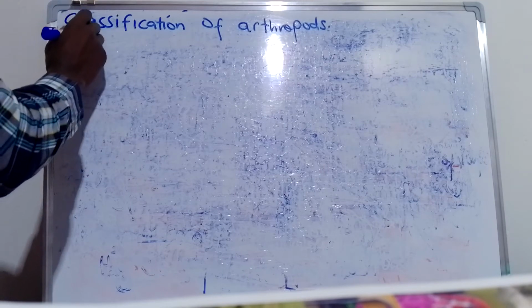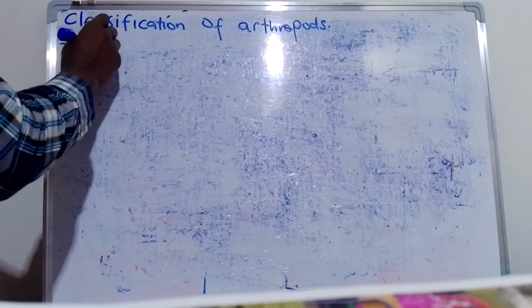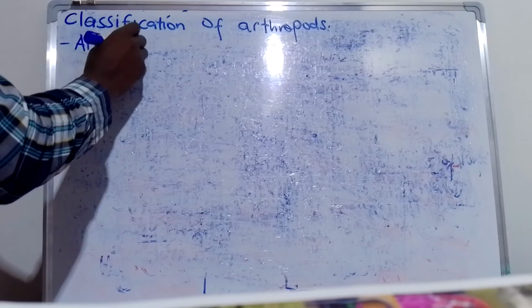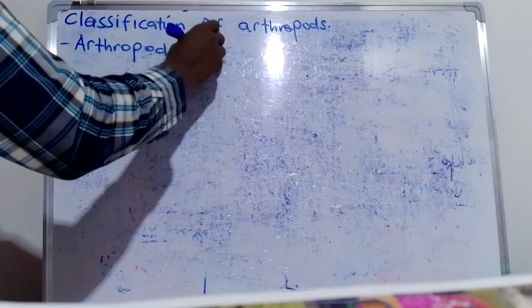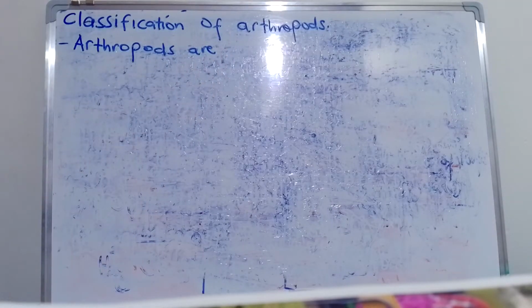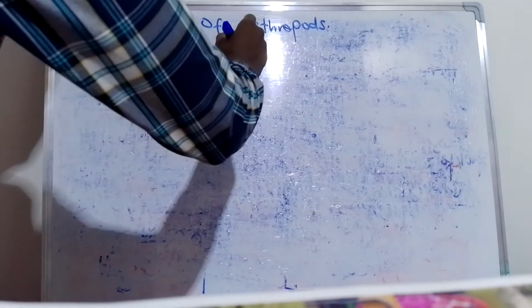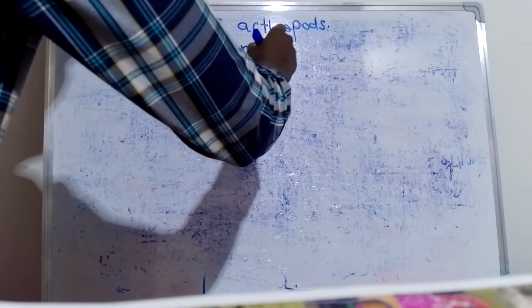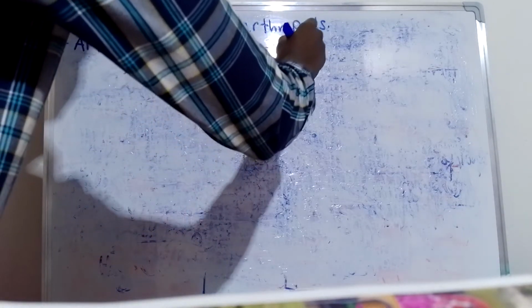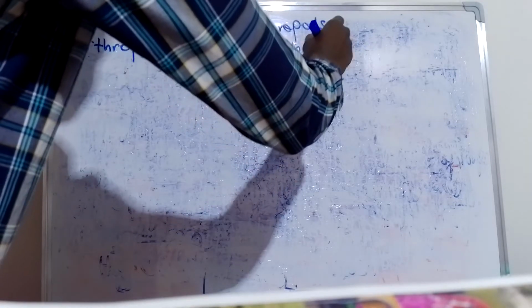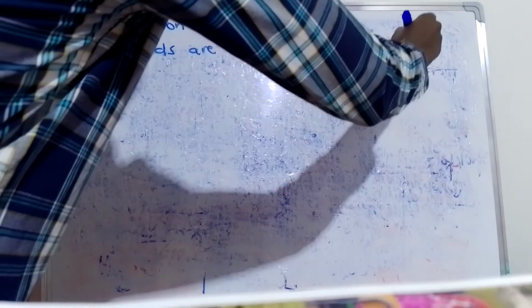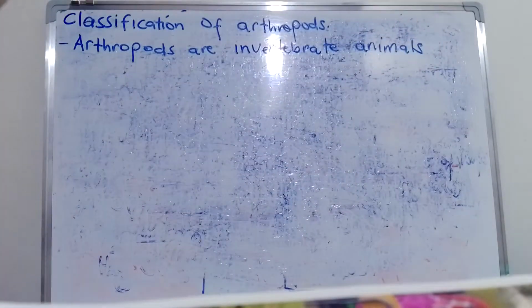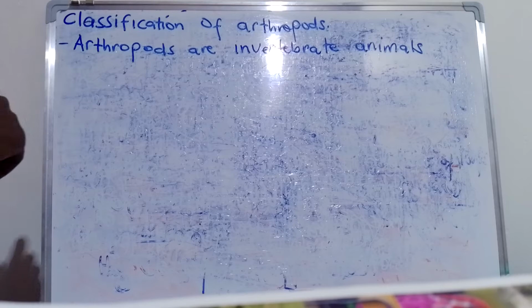We see that arthropods are invertebrate animals.